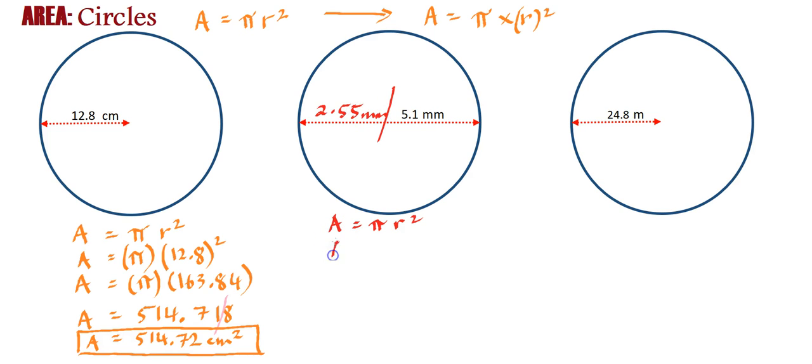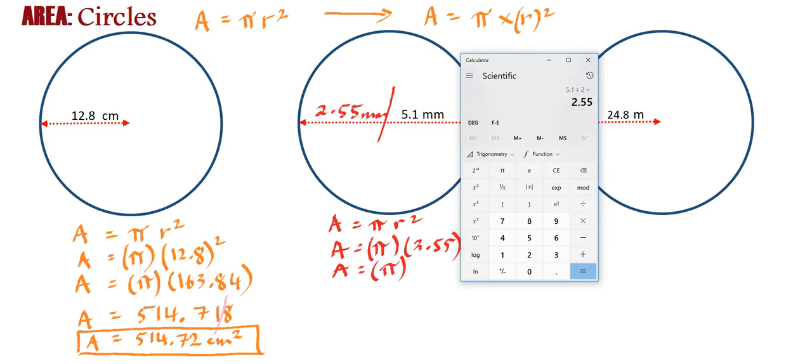Okay, so let's get on with the calculation. So I'm going to be area times pi. So that's a constant value there, and then it's going to be multiplied by the radius. In this case, we know it's 2.55, and we're going to square that radius. So my next line of working is pi, and now I'm going to find the value of 2.55, and I'm going to square that.